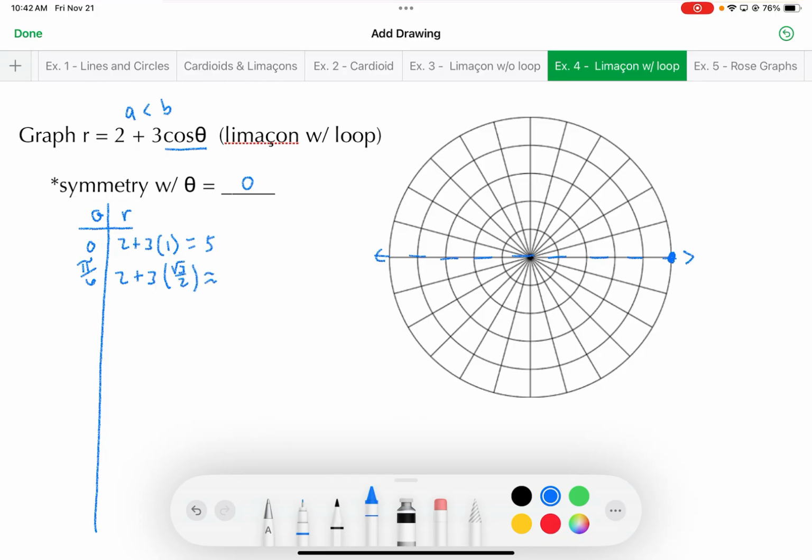If you want your calculator to approximate that, I've got it at 4.6. Should be right about there. Cosine pi over 4 is radical 2 over 2. This will approximate to 4.1.